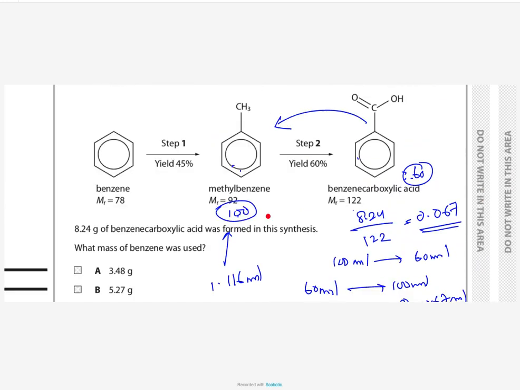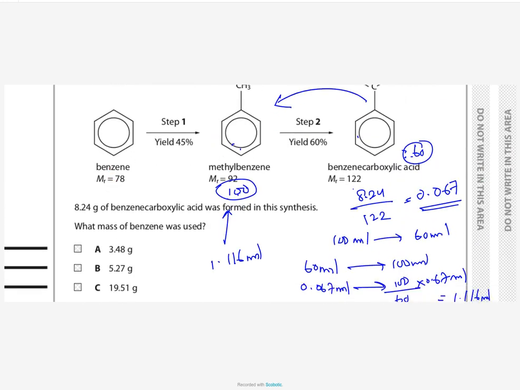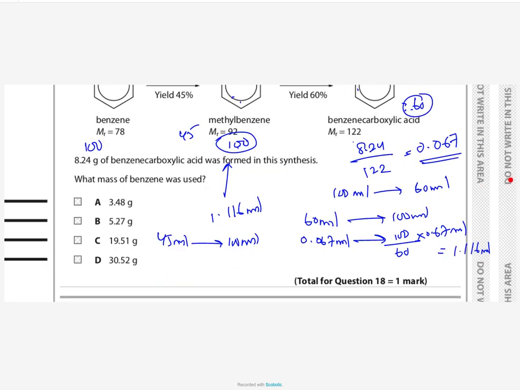We can easily work with the moles. If you have 100 moles of this, you get 45 moles. That means to produce 45 moles, you need 100 moles. We don't have 45 moles. We got only 1.116 moles now. So 100 over 45 into 1.116.